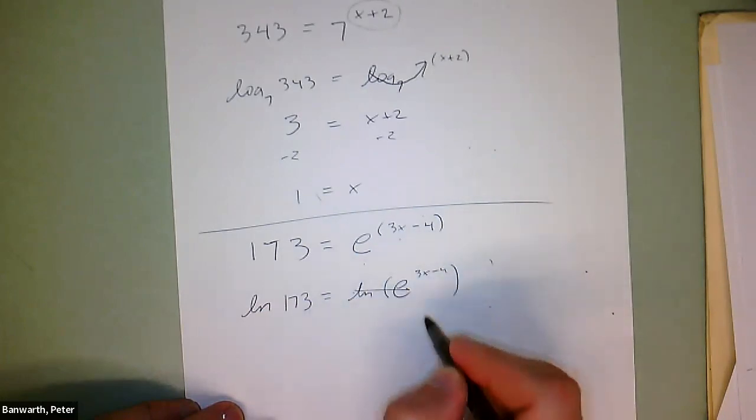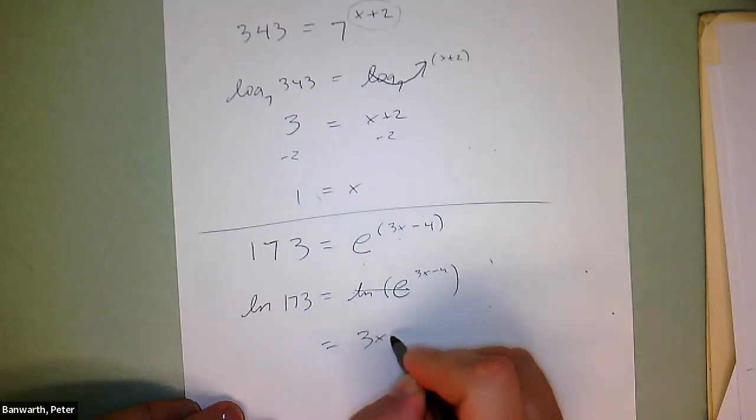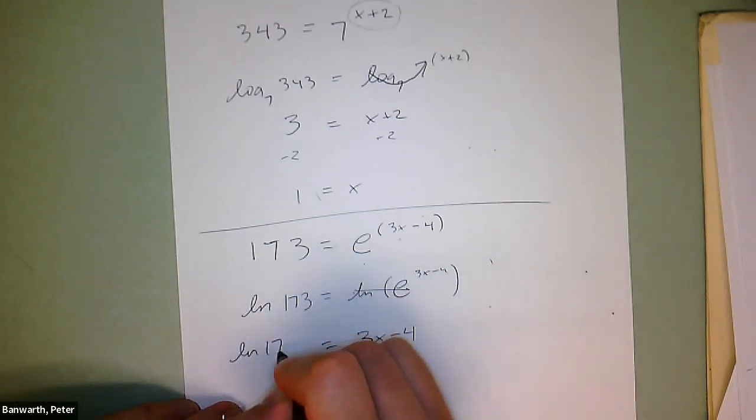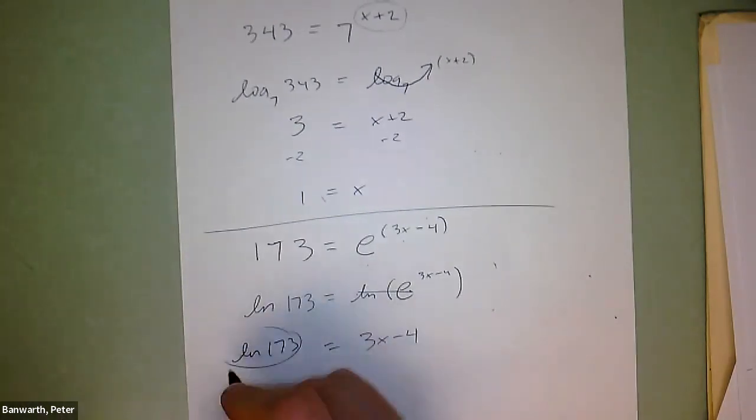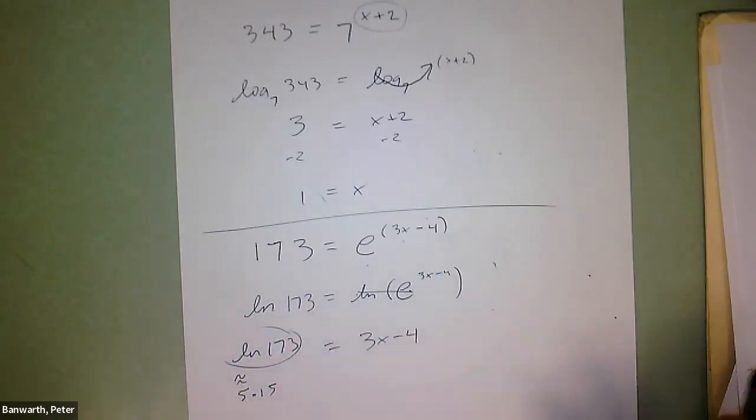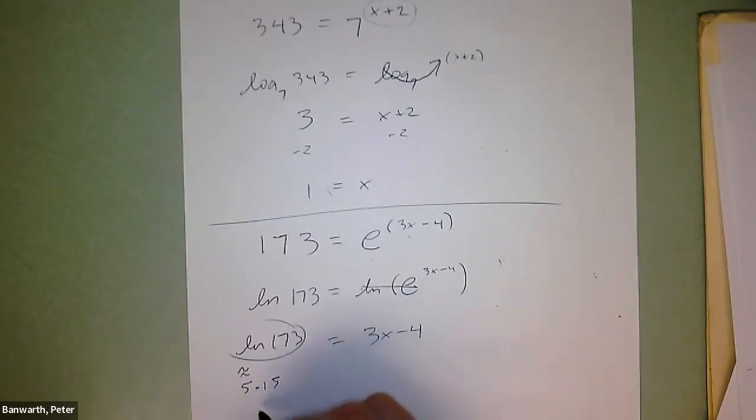And when I have a natural log of an exponential, they cancel. The natural log of 173 is a number. The decimal approximation is approximately 5.15, but I'm okay just leaving it like that.